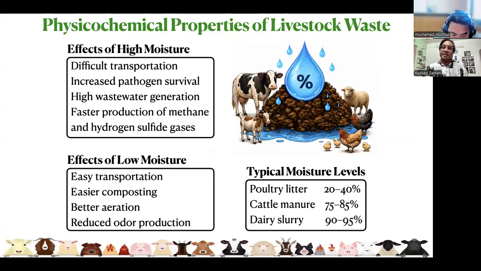In poultry litter it is 20 to 40%. It's a low moisture content, in solid state. On the other hand, in cattle manure and dry slurry, it is 75 to 85%, and in dairy slurry it is 90 to 95%. That indicates the moisture level is a bit high, which is termed liquid or slurry.